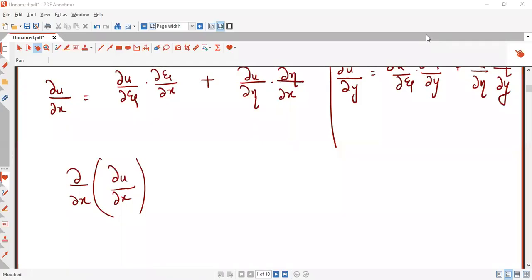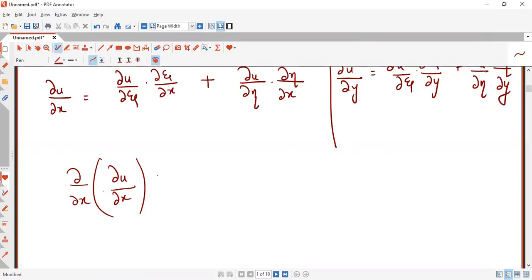Okay, so it will come. Del u by del x is del u by del xi into del xi by del x plus del u by del eta into del eta by del x. Now you have to differentiate it with respect to x and y, right? So now you have to differentiate with respect to x.